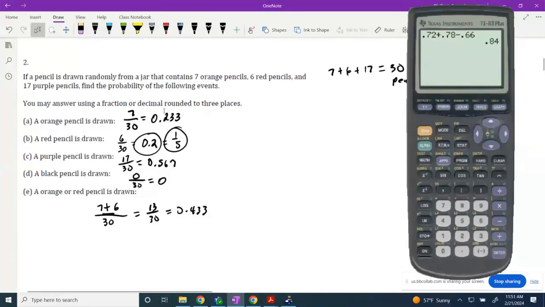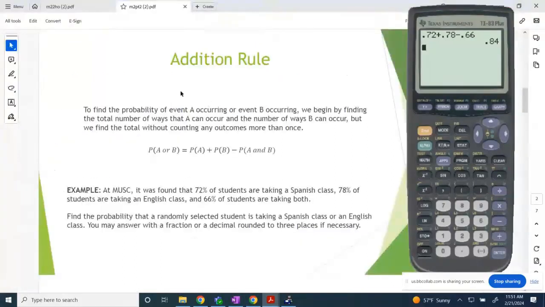So like if you had red pencils, you had orange pencils, and then they had like some striped pencils that were orange and red, if that were the case, then we would use this addition rule. Okay. So I just want you to see the difference on when you use this minus thing and when you don't use it.